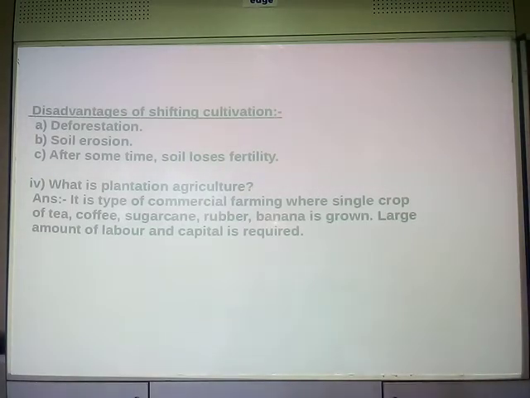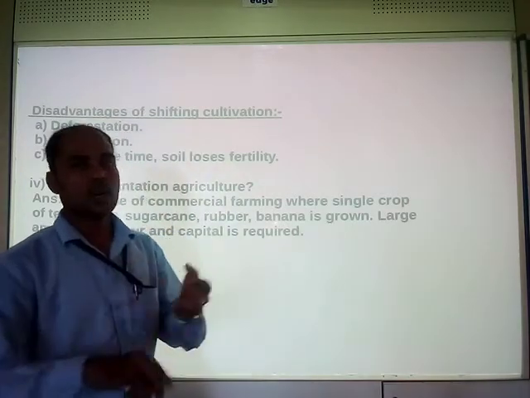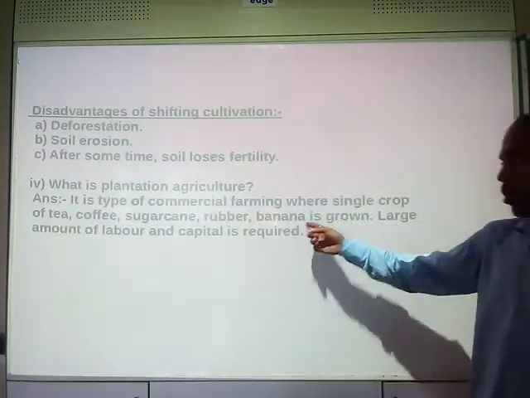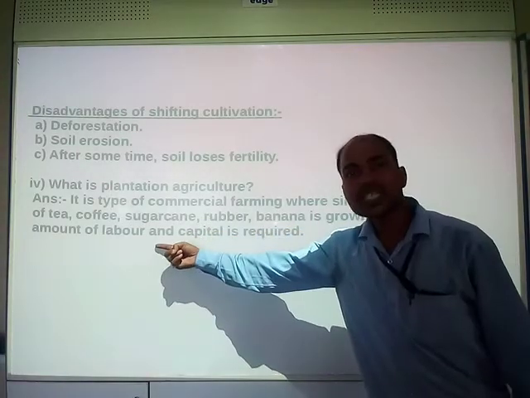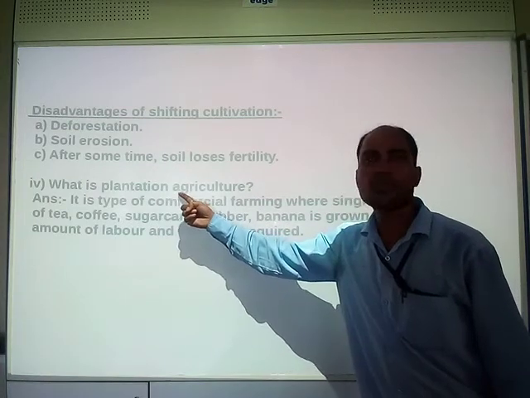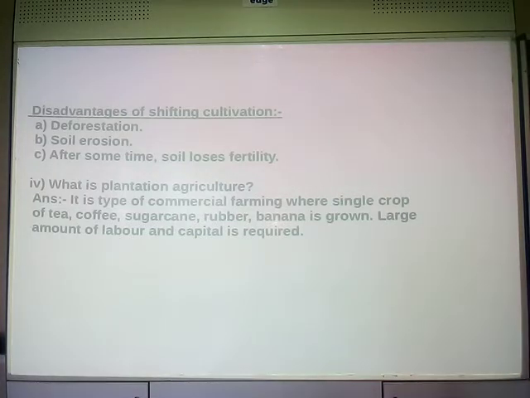Too much money and too much manpower is required in plantation agriculture. So it is a type of commercial farming in which a single crop of sugarcane or banana or rubber or something like that can be grown, and in this type of plantation agriculture, a large amount of labor is required as well as a large amount of capital, right?